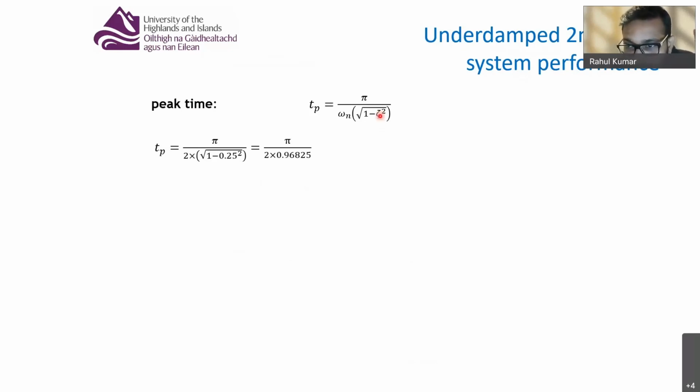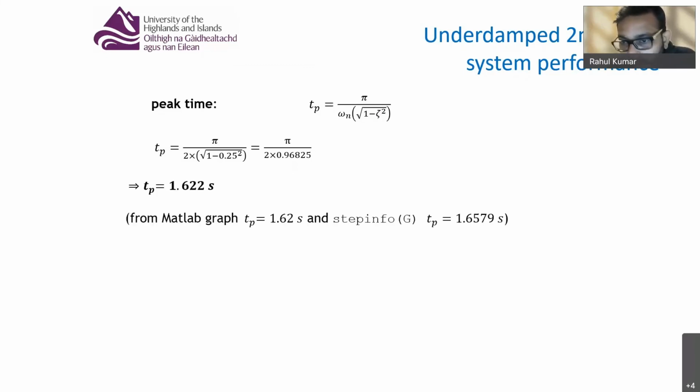Since I have already calculated this value as 0.968, I'm directly using it. If you do the calculation, the peak time will come out to be 1.62 seconds. And from MATLAB, using the function stepinfo for G, the value comes out to be 1.6566. Close enough.